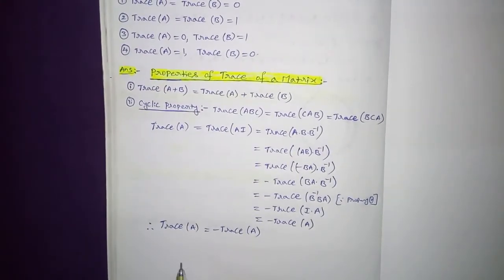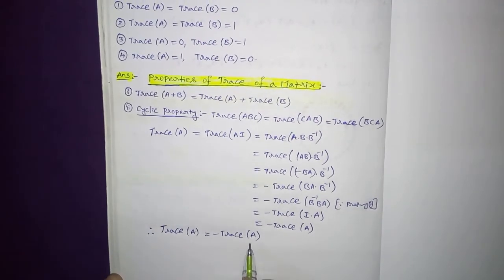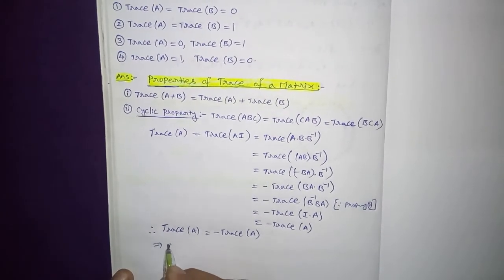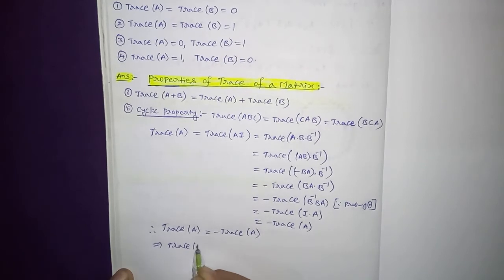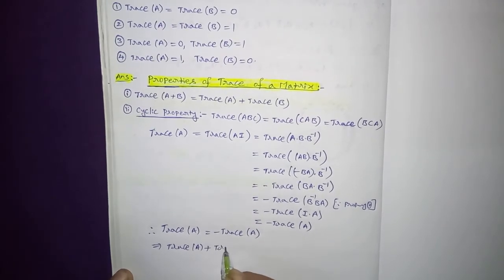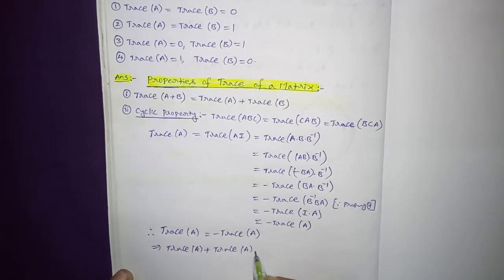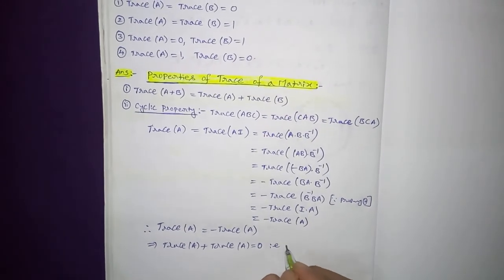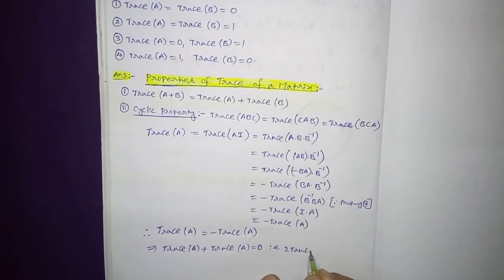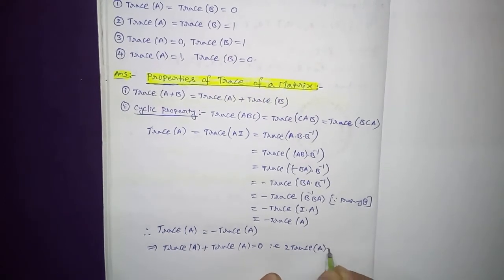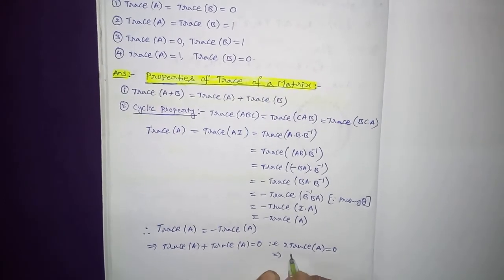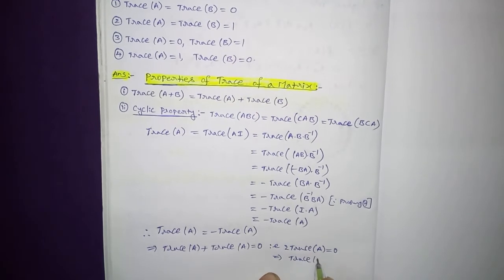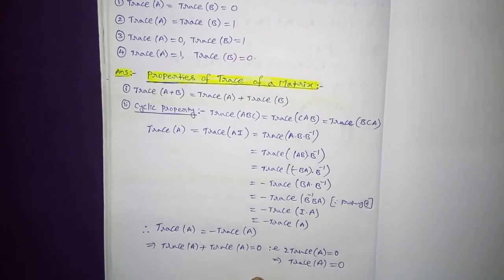Trace of A is equal to minus trace of A, which implies trace of A plus trace of A is equal to 0. That is 2 times trace of A is equal to 0. That implies trace of A equals 0.